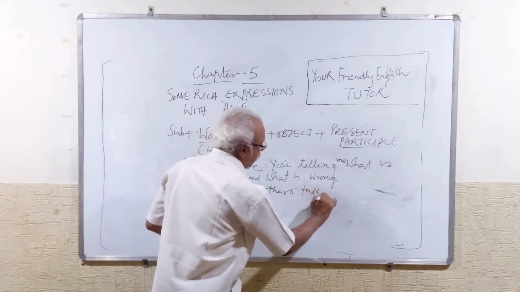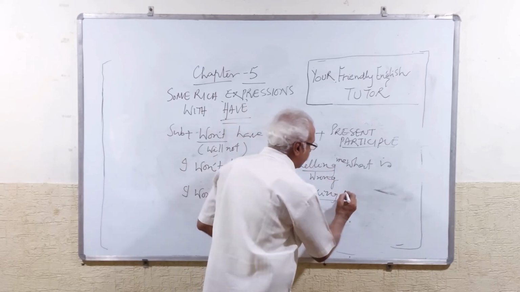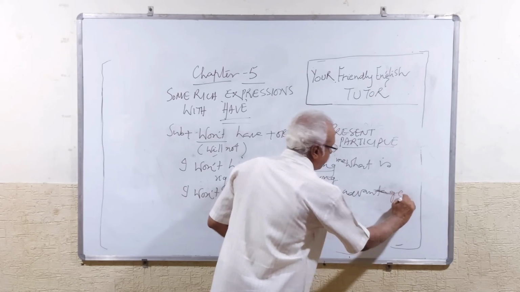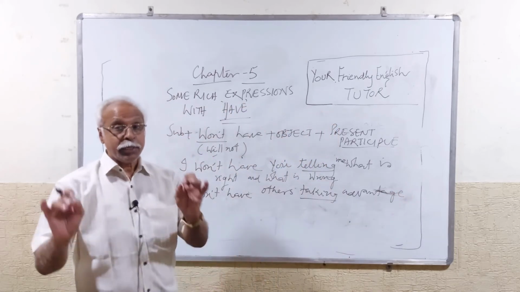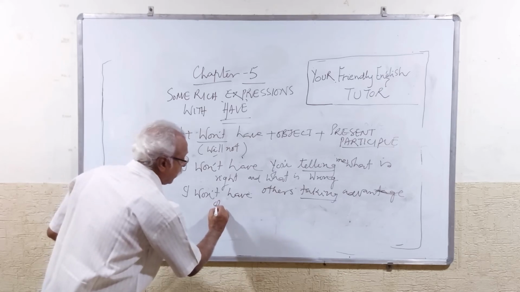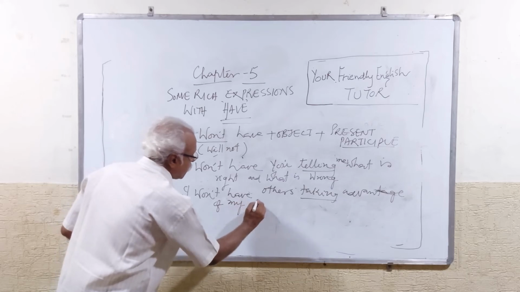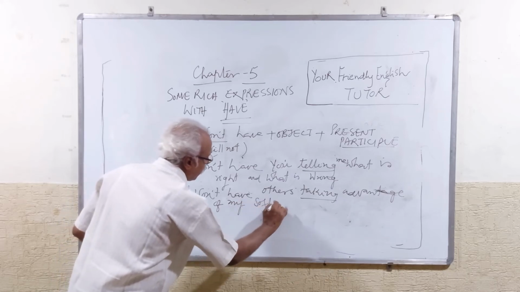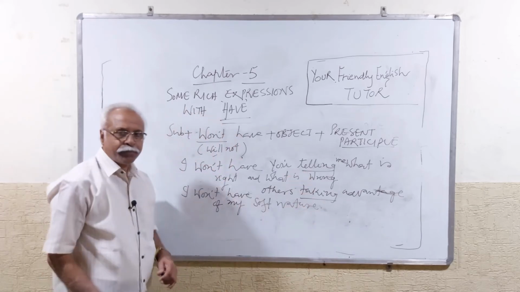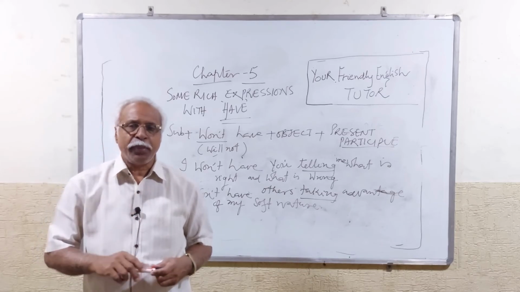taking. Remember, ing form should be there, telling, taking, advantage of my soft and gentle nature. Right? What does this sentence mean? You can break the sentence into two.